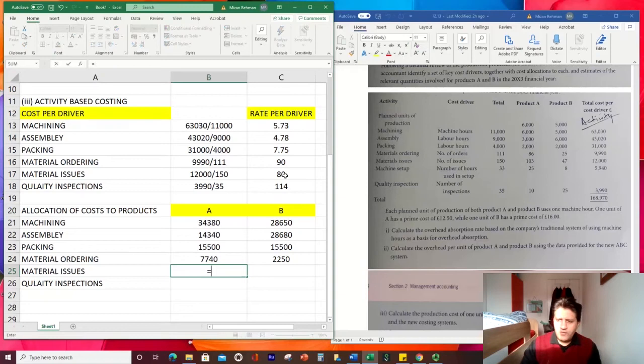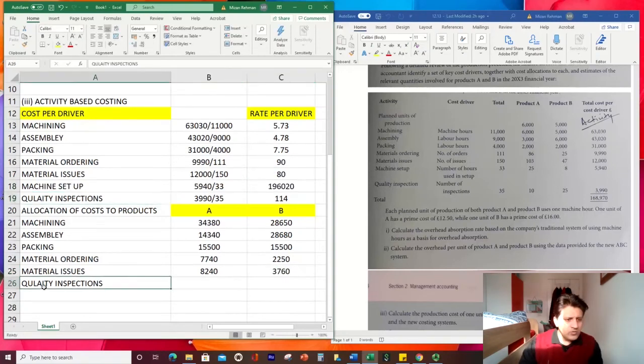We have material issues, 103 for A times 80, and then 47 times 80 again.